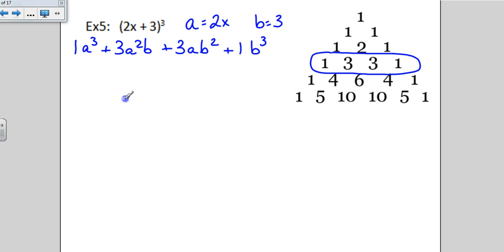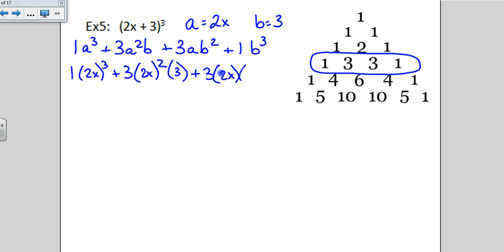So when I fill that in, I get 1 times 2x quantity to the third plus 3 and then 2x quantity squared times b plus 3 times 2x times 3 squared, and then plus 1 times b cubed.